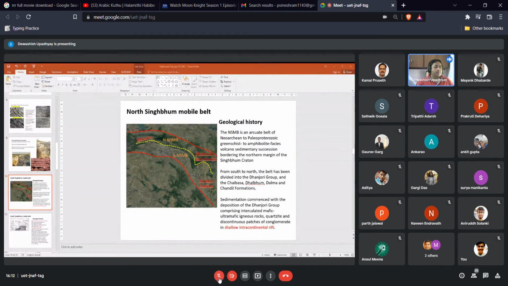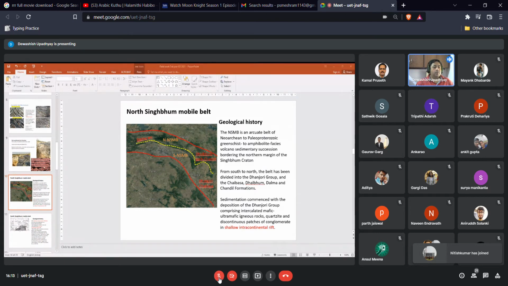Now the contacts between the Singhbum Craton and the North Singhbum Mobile Belt, as well as the contact between the North Singhbum Mobile Belt and the Chotanagpur Gneiss Complex, are all tectonic contacts. These tectonic contacts are marked by shear zones.